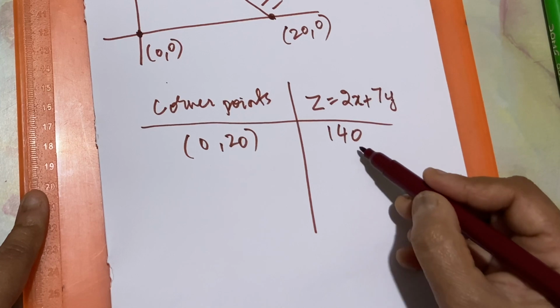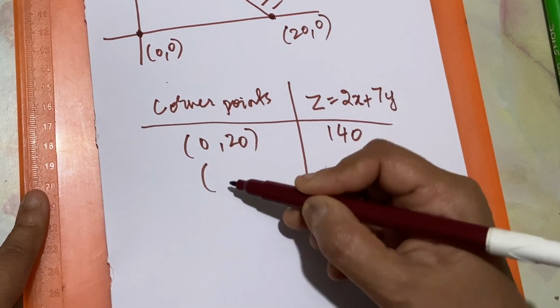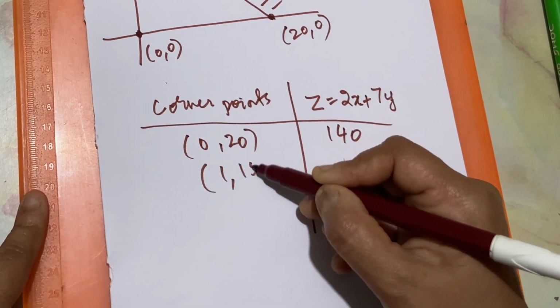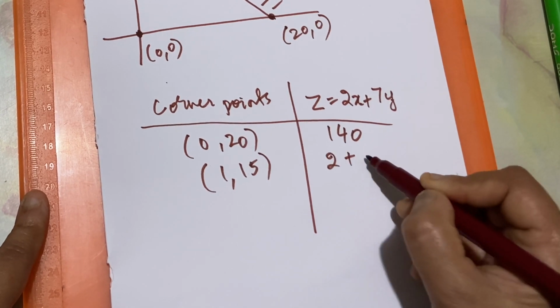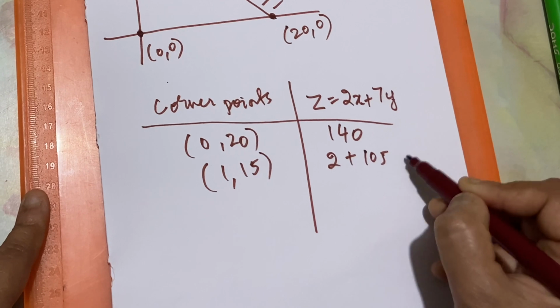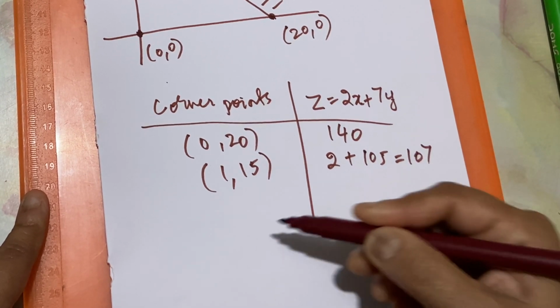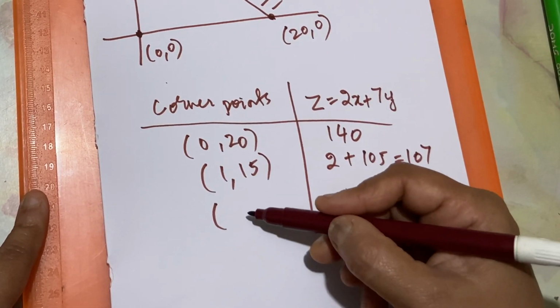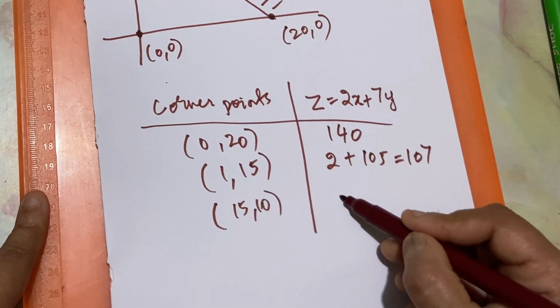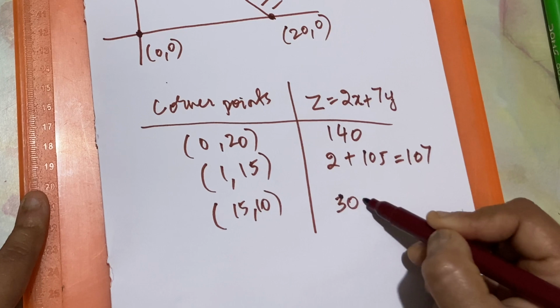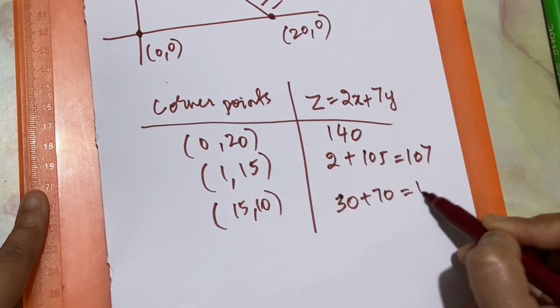Upon substitution we get 140 here. Next corner point is 1, 15. Here I get 2 plus 105, which is 107. Then I have 15, 10. This yields 30 plus 70, that is 100.